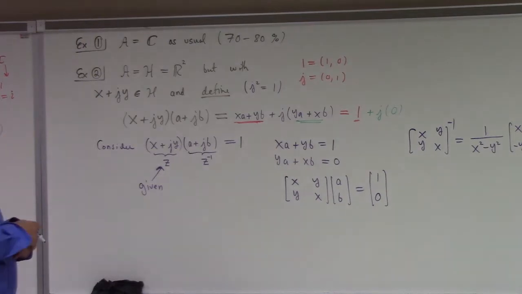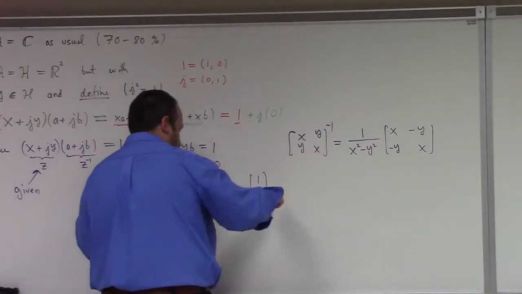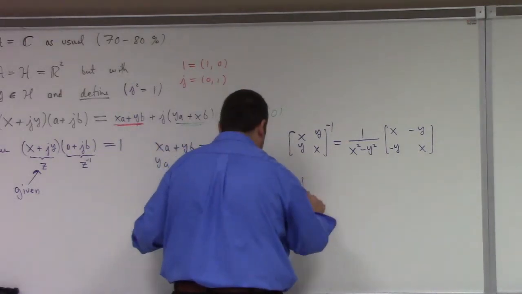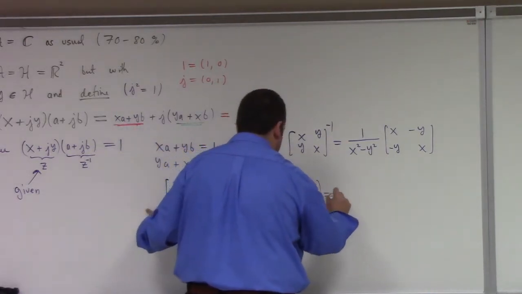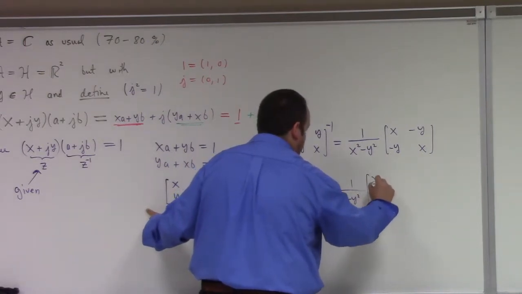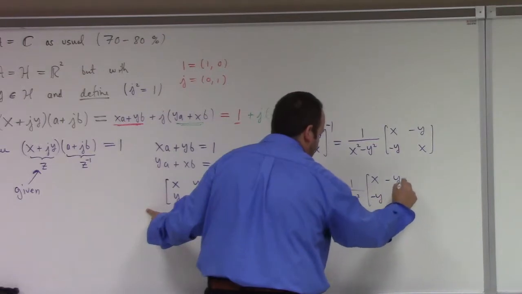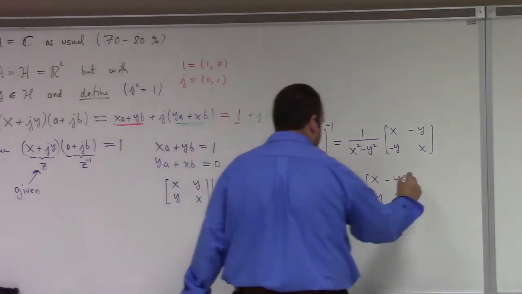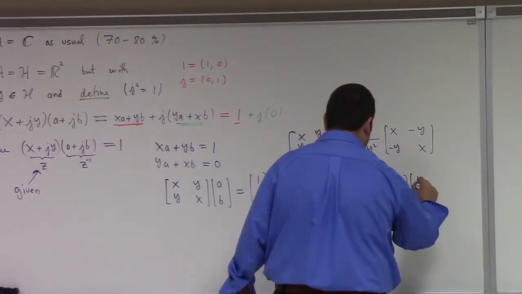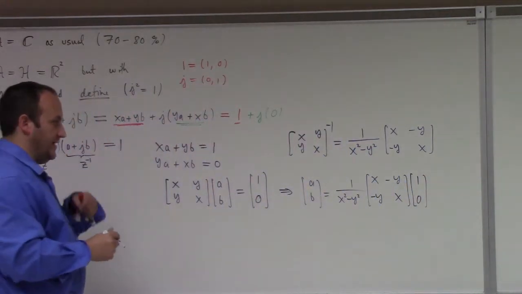And so that's a known formula for the 2 by 2 inverse. So if we multiply this by that, this implies that (a, b) is equal to 1 over x squared minus y squared, times (x, -y; -y, x), times (1, 0), right?